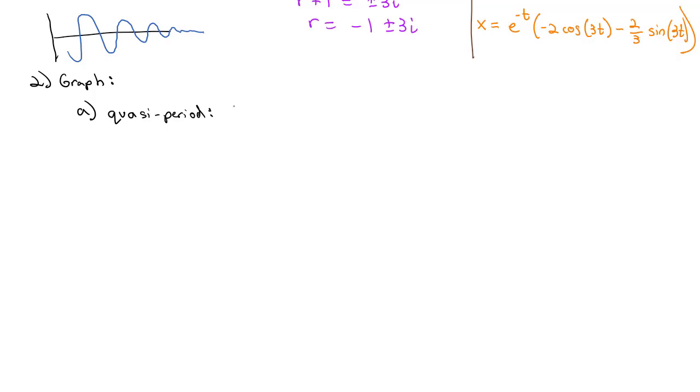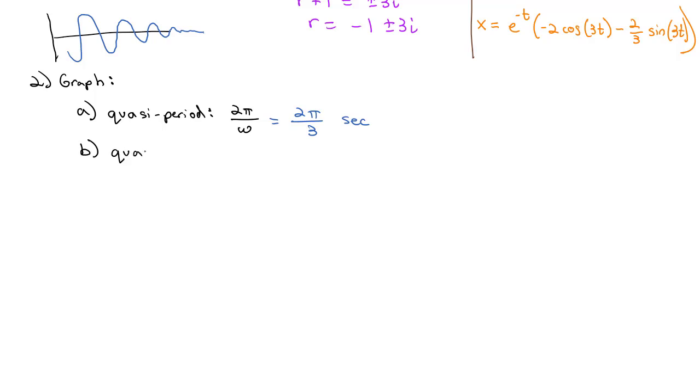And the quasi period is still going to be 2 pi divided by that omega value. So in our case, 2 pi divided by 3. So every 2 pi over 3 seconds, approximately 2 seconds, this spring is going to bounce up and down. It's just not going to bounce as far.